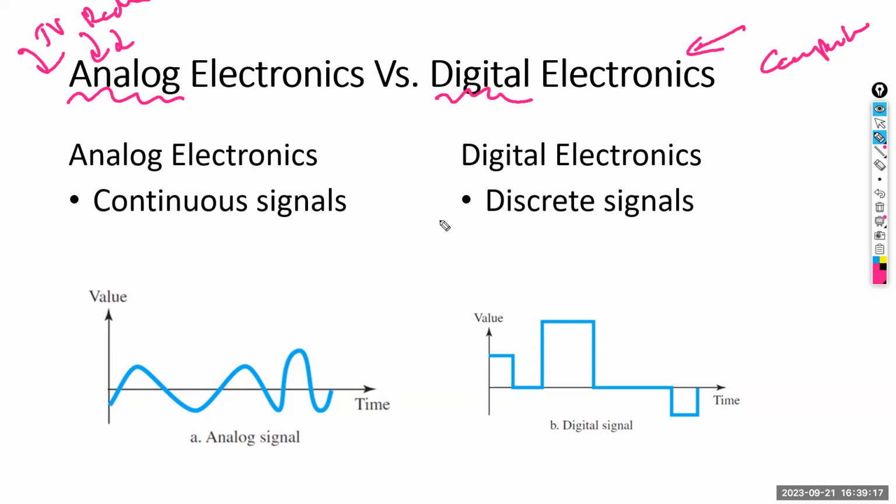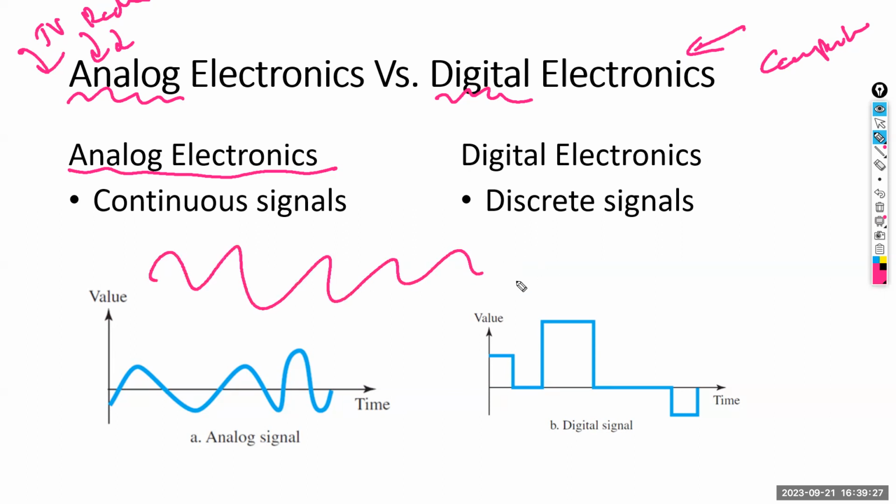Now, what is the difference? Analog electronic devices process, generate, or transmit continuous signals like this. Continuous signals. They don't all of a sudden change the state or energy. But digital electronic devices generate, process, or transmit discrete signals. So we call them digital signals.